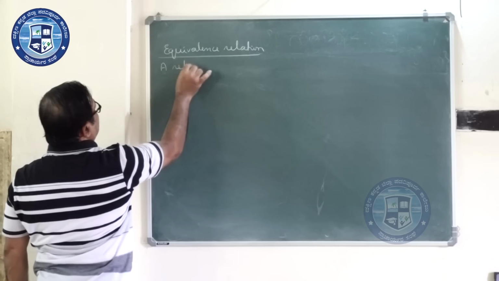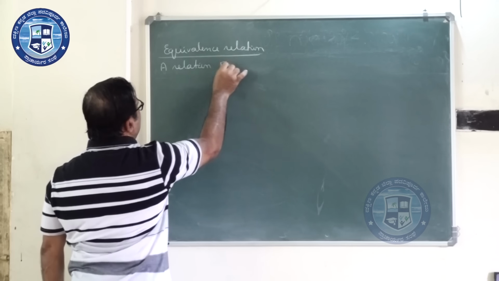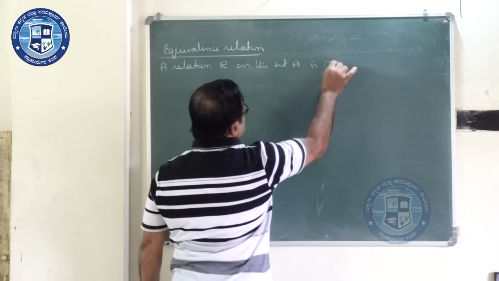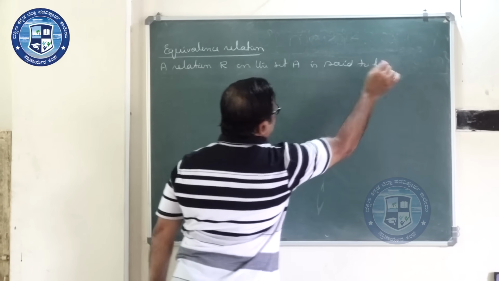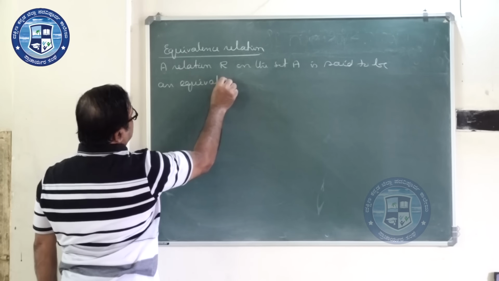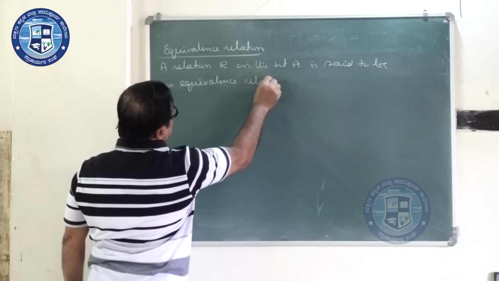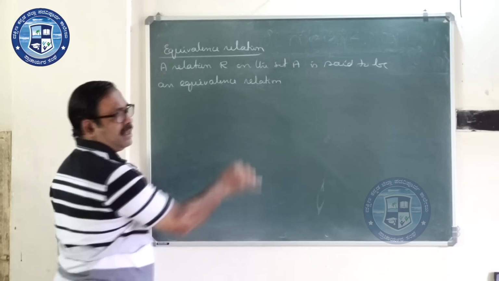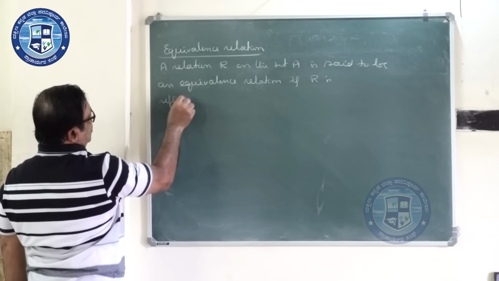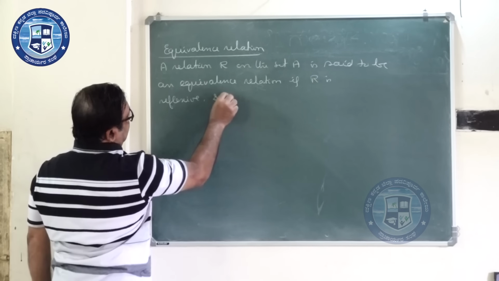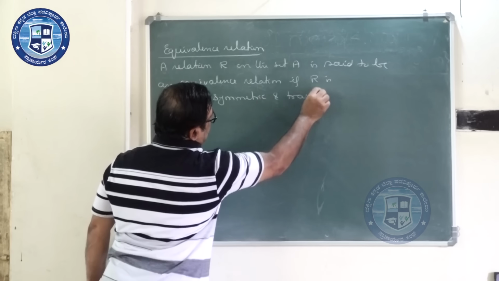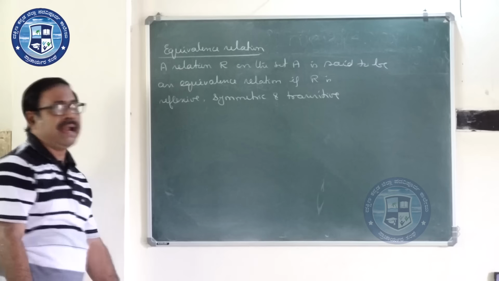See, a relation R on the set A is said to be an equivalence relation if R is reflexive, symmetric and transitive.